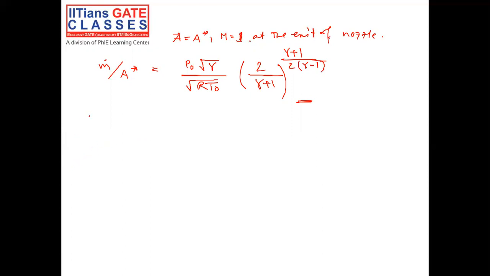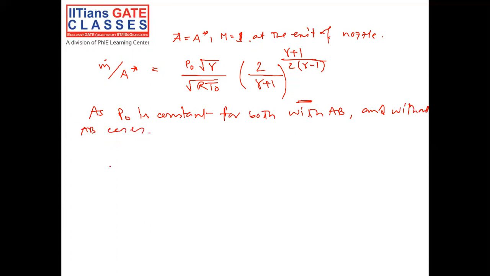expression, as p naught is constant for both cases, with afterburner and without afterburner cases, m dot by A star is basically inversely proportional to under root of T naught, that is chamber temperature or total temperature of the nozzle, right?